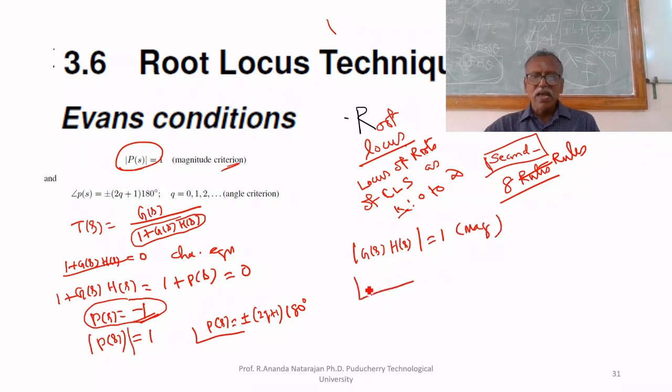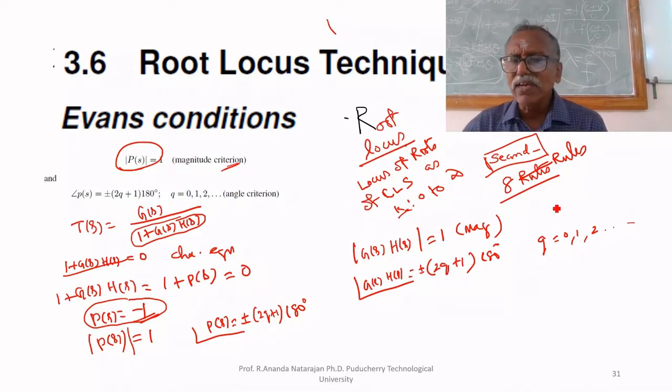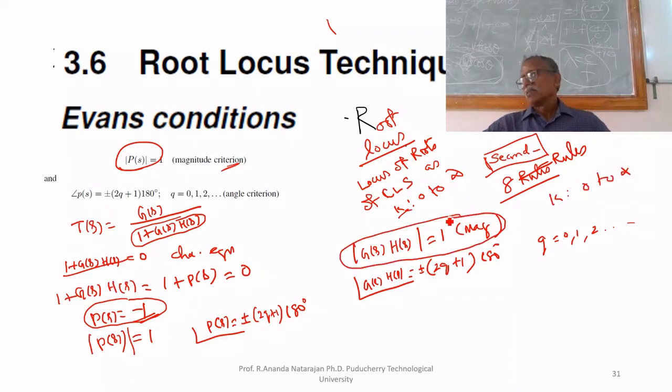Another one is angle of G of s H of s equal to 180 degree, that is, an odd multiple of 180 degree: 2q plus 1, where q equal to 0, 1, 2, 3, etc. As k varies from 0 to infinity, always this first condition will be satisfied for at least one k.